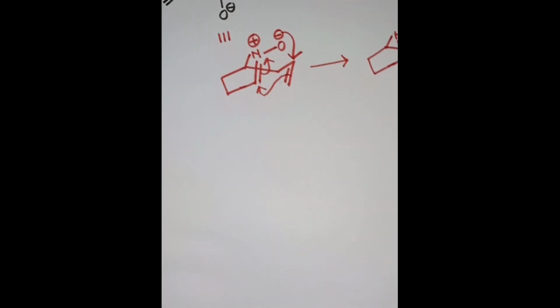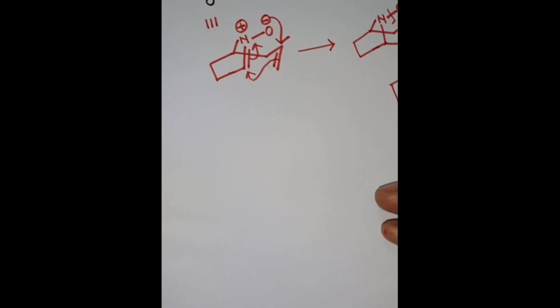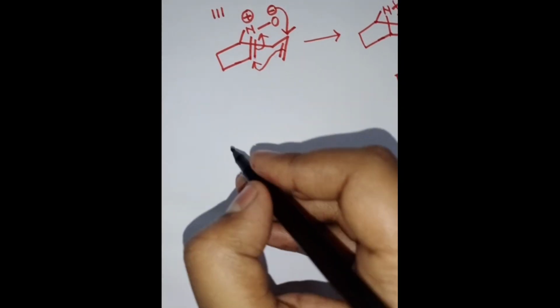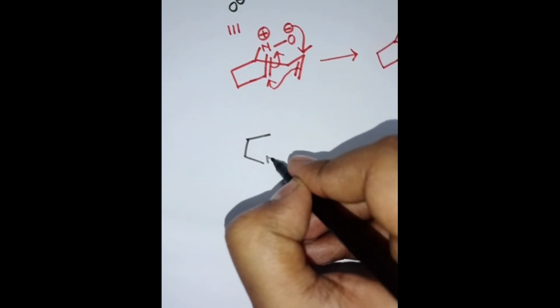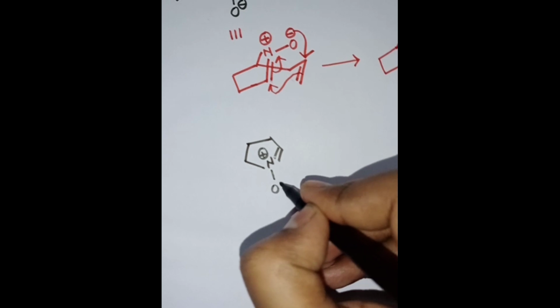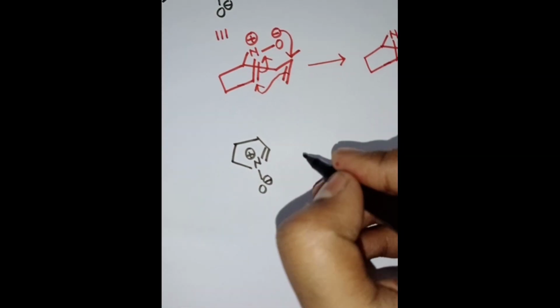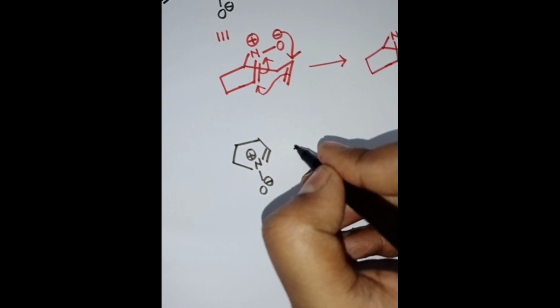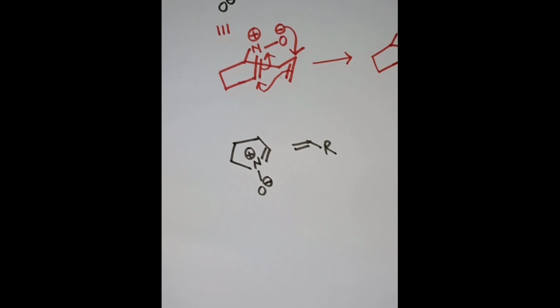Now I will discuss another important example. In that case, the stereochemistry will come into the picture. So I am writing the 1,3 dipole, that is this one, and this dipolarophile is given.